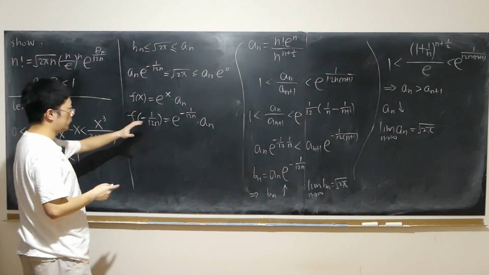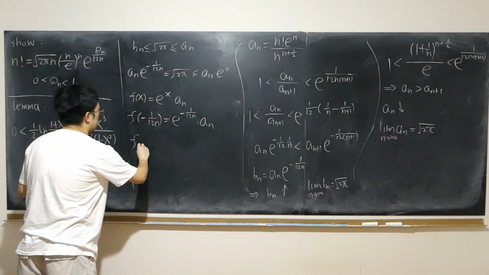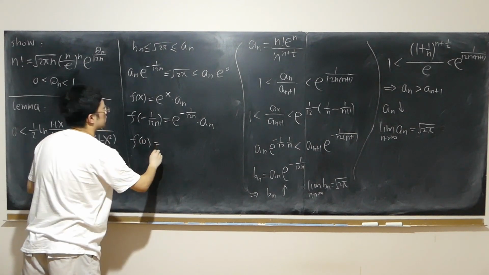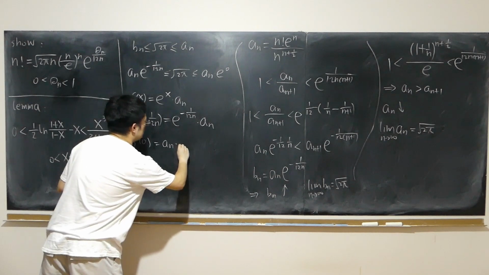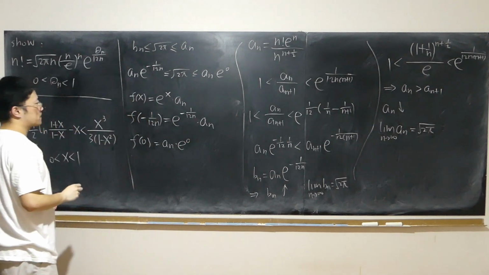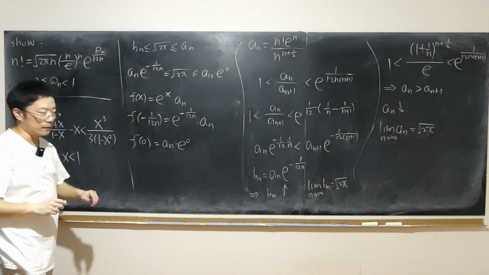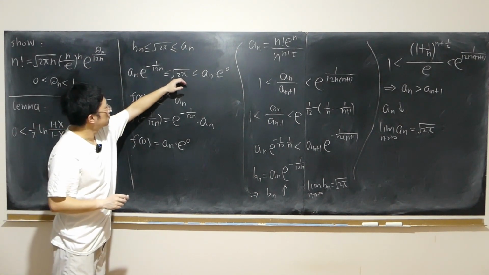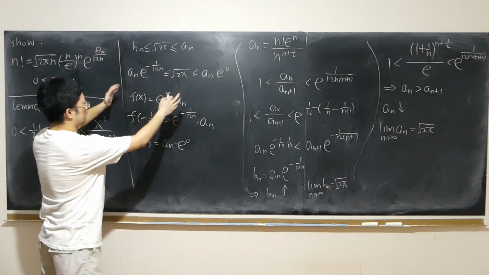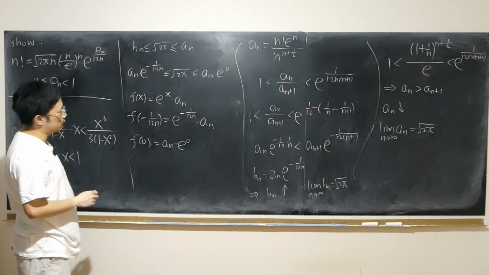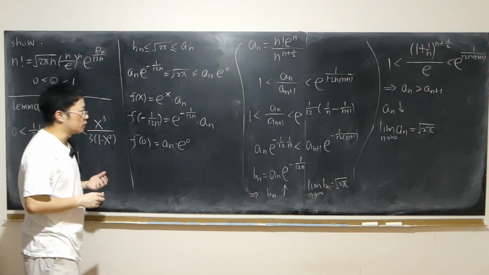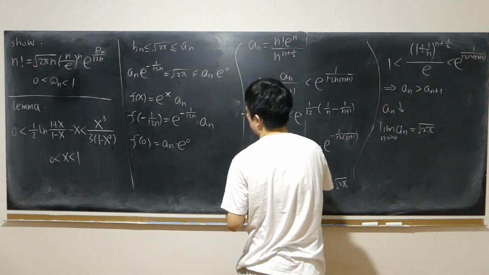Imagine if we fix n, so f of 0 is equal to an times e to the power 0. So now we have a constant that's in between the functional values at these 2 points, which means we can apply the intermediate value theorem of continuous functions.